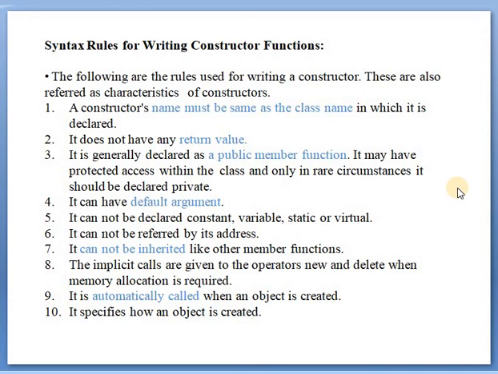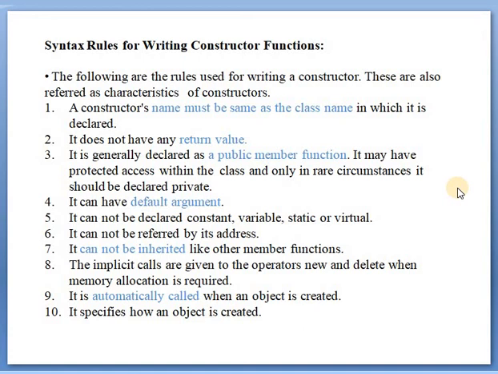It cannot be inherited like other member functions. Like any other member function we can inherit, means we can derive one function from another function, but this constructor is not inherited. The implicit calls are given to the operators new and delete when memory allocation is required. So when we require to allocate or deallocate memory, the new and delete operators are implicitly called in the constructor.